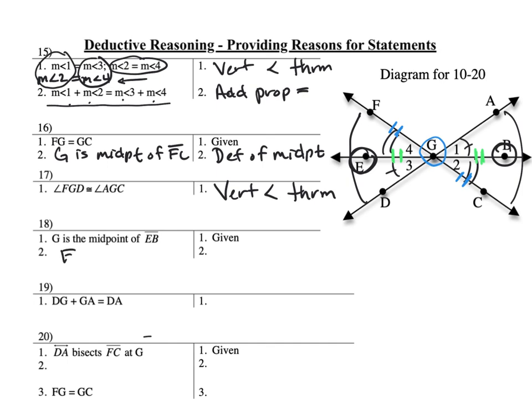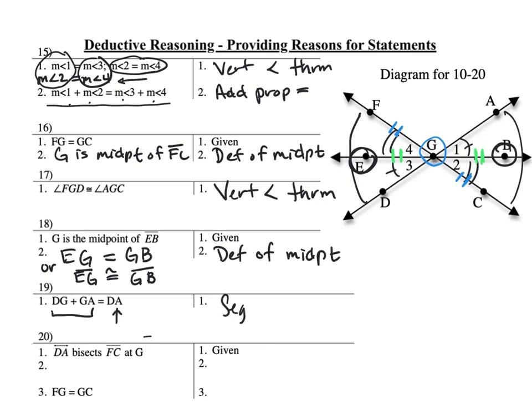So EG is equal to GB, or you can state they're congruent. Then you put a bar over it. And that's the definition of midpoint. Number 19, two segments make a big segment. That's the segment addition postulate.